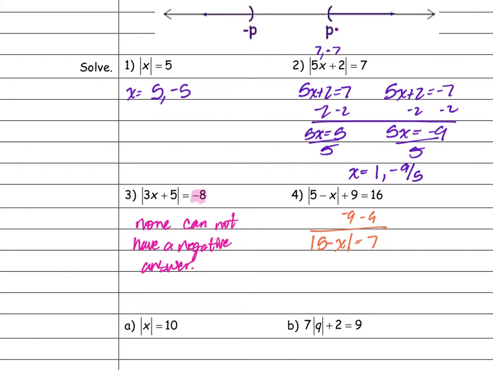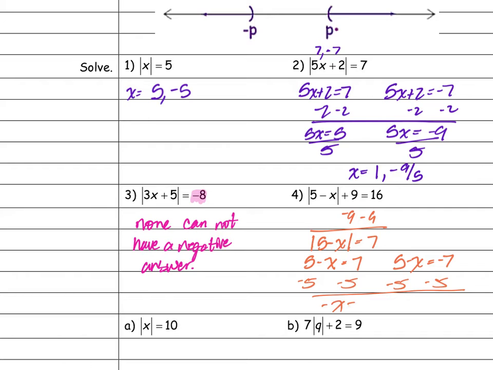So now the inside of my absolute value can have a distance of 7 or negative 7. So I can set up my equation to be 5 minus x equals 7 or 5 minus x equals negative 7. Okay, so subtract 5 from both sides.